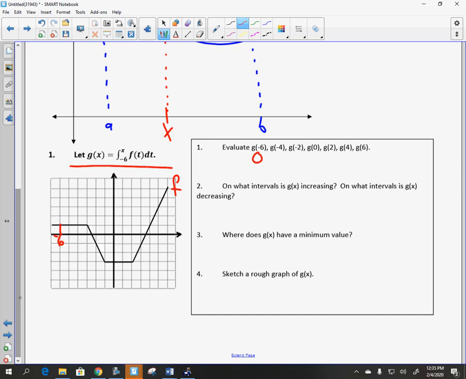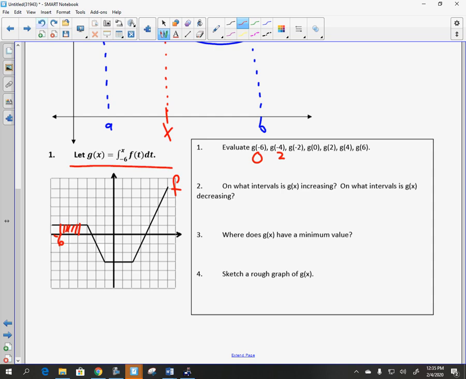Now it wants to know g of -4. So instead of x, I plug in a -4. So I'm looking at area from -6 to -4. It is 2. Very good. All we're doing during this unit is really just adding up the area of rectangles. Now I need to do g of -2.